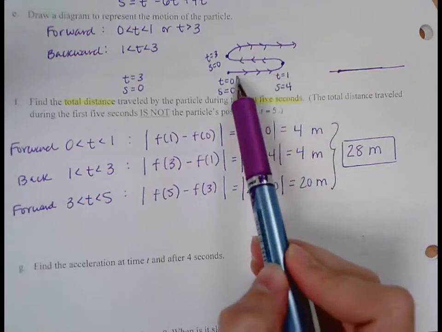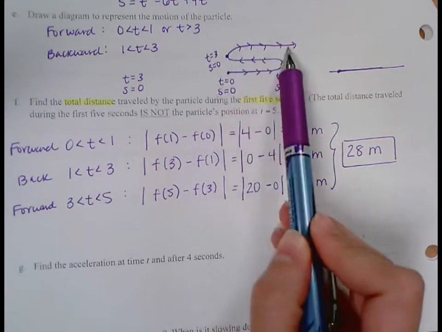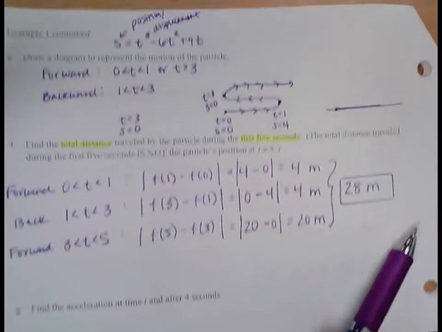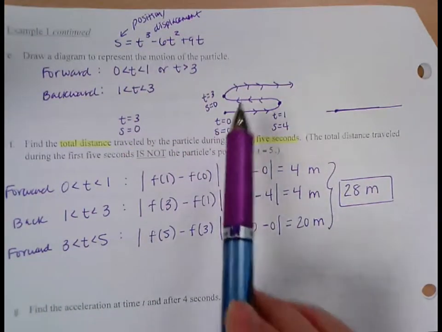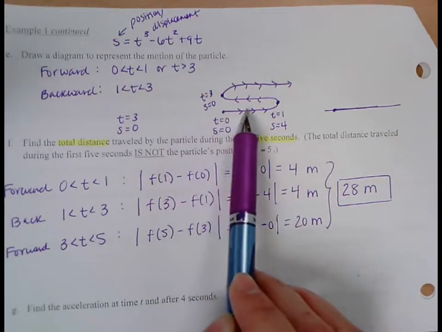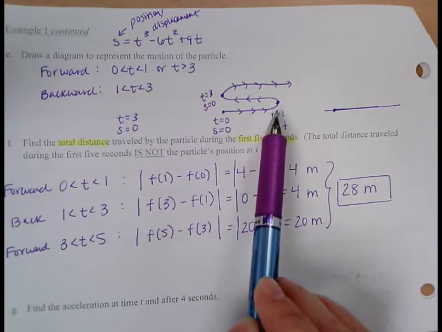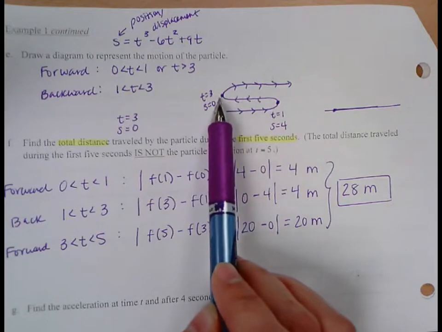This is just showing, this would not be the graph on the x or y axis. The graph on the x or y axis would be the graph of this function. But this is just showing, so from 0 to 1 second, it's moving forward. And then from 1 to 3 seconds, it's moving back to where it started.